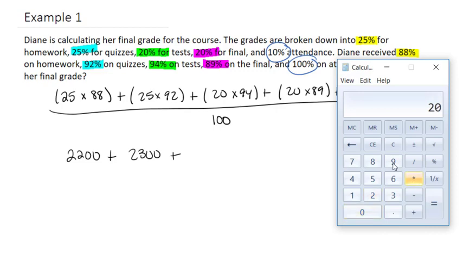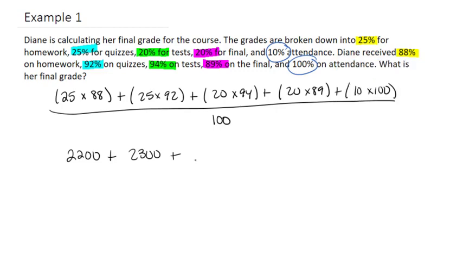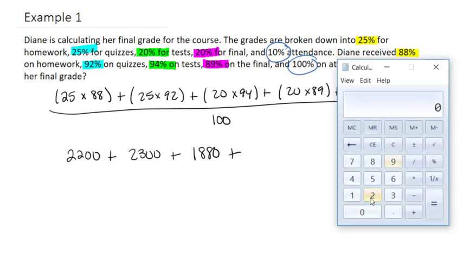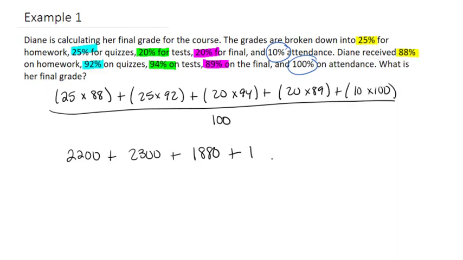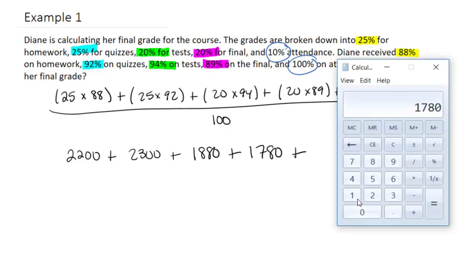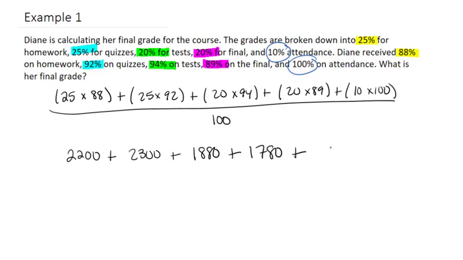Now we have 20 times 94, which is equal to 1,880, plus 20 times 89, which is equal to 1,780, plus 10 times 100, which is 10 times 1, so 1,000. And this is all over 100.